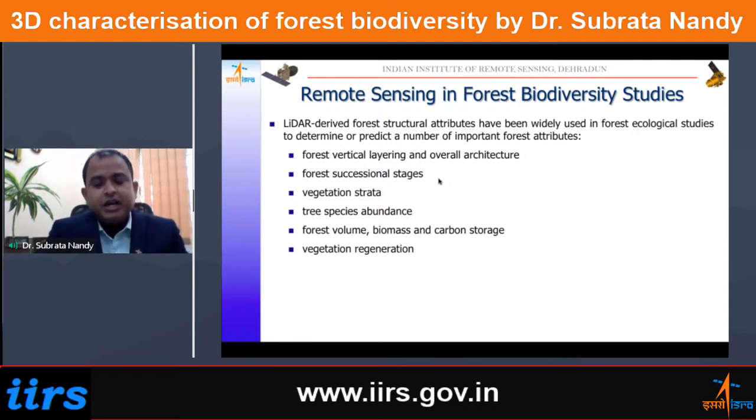So here we have highlighted how vegetation structure is important in forest biodiversity studies. To get an overall view of this structure, light detection and ranging, or LiDAR data, is the most significant data set which can provide you the structure of a forest.